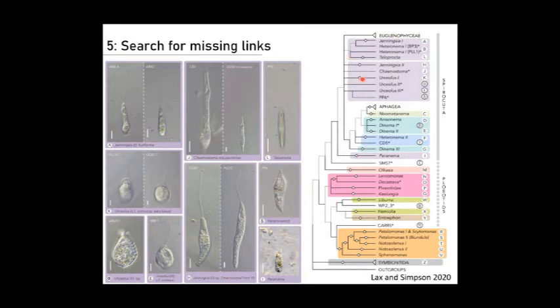Not all relationships are understood. This needs to be improved. And to understand the origin of the chloroplast, we should specifically focus on these heterotrophs that are close to the point where the endosymbiosis happened.